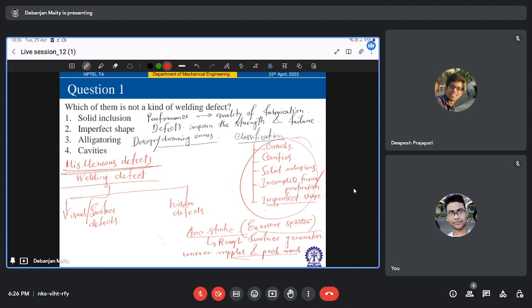That kind of defects are called visual or surface defects. And where you cannot see them and they're inside or below the surface, that is called hidden defect, right?